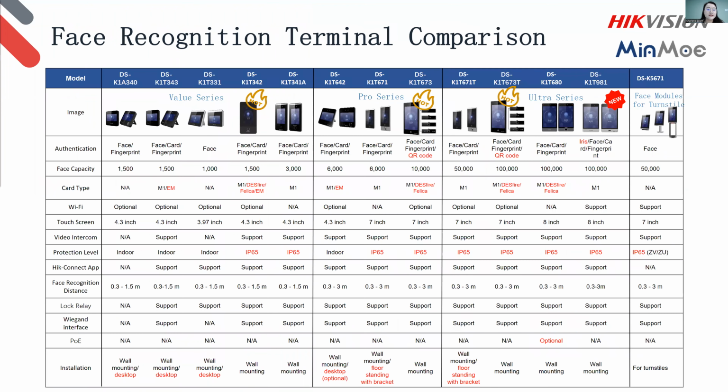For the face recognition terminal comparison, from the eco series to the high level, even some face modules for our turnstiles, we have different models, and we also list what kind of authentication method we have and what kind of face capacity we have. So we can use this terminal comparison chart to choose.